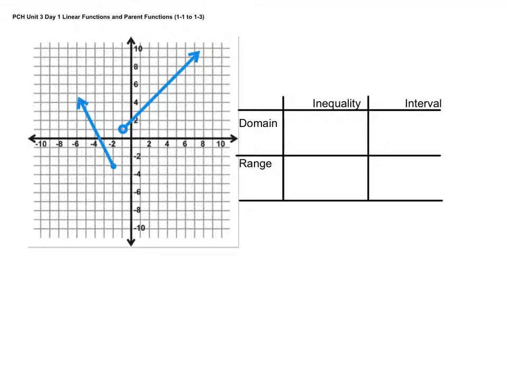So for our domain in the inequality, we could say that x is less than or equal to negative 2, or x is greater than negative 1. And the interval would be negative infinity up to negative 2, and I need to close this interval with the bracket there, and then from negative 1 with the parenthesis up to positive infinity.